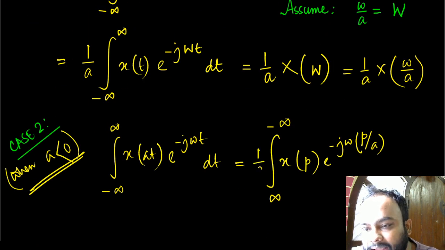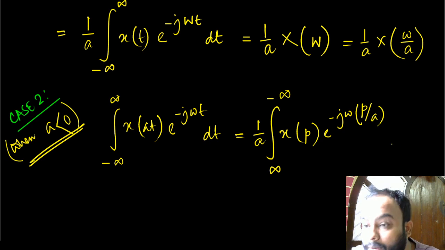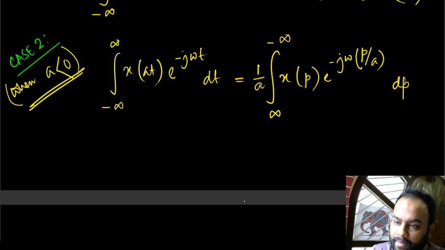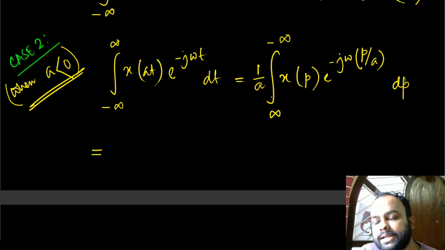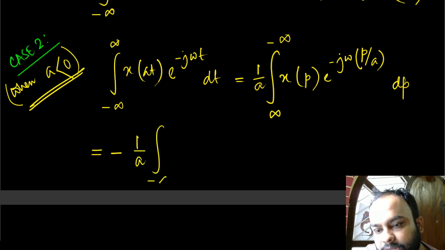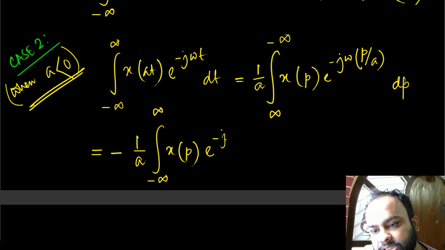So I can bring 1 by A outside. We can reverse the limits once more by putting a minus sign outside. So minus 1 by A integration, now from minus infinity to plus infinity, of x of p e to the power minus j omega by A p dp.